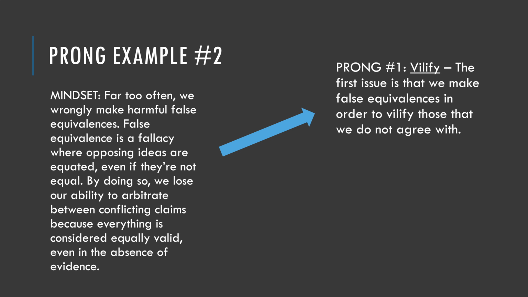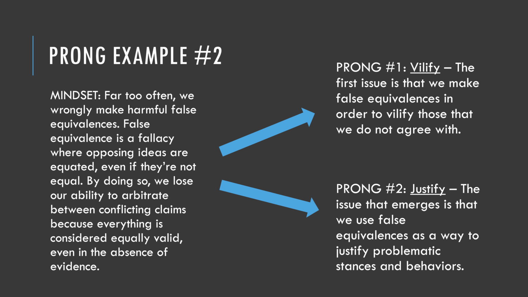First prong, she said we use false equivalence to vilify. She said the first issue is that we make false equivalences in order to vilify those that we do not agree with, right? So to put down people that we don't agree with. Second, she said we use false equivalence to justify. And her point here is the issue that emerges is that we use false equivalencies as a way to justify problematic stances and behavior.